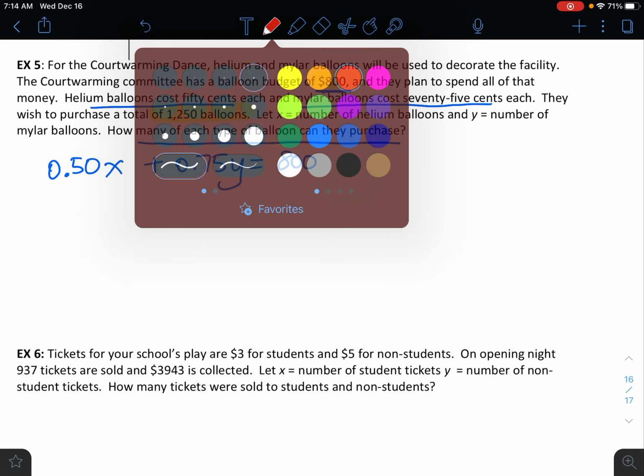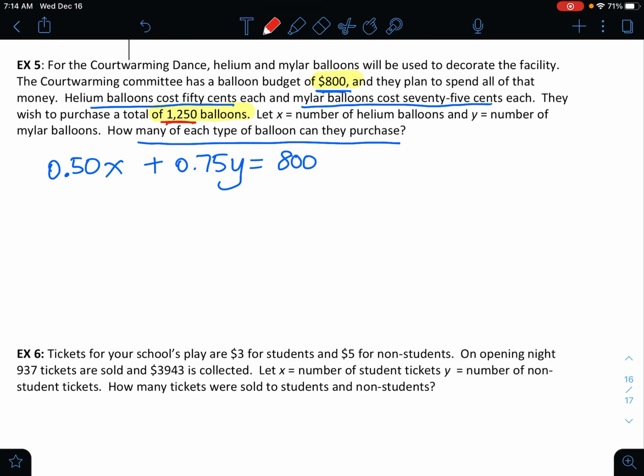So the second equation deals with the 1,250. Some of them are helium, some of them are mylar. So I'm going to have X plus Y equals 1,250.